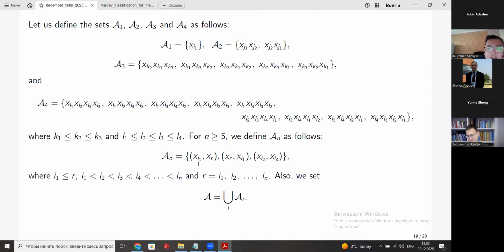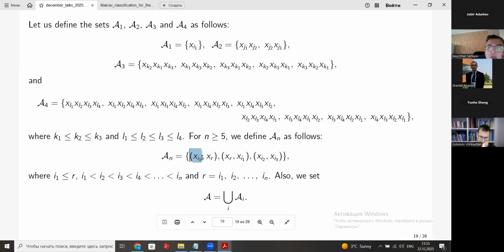And the condition defined on these indices is this one. R can be any index from 1 to n, and I1 is the smallest index.